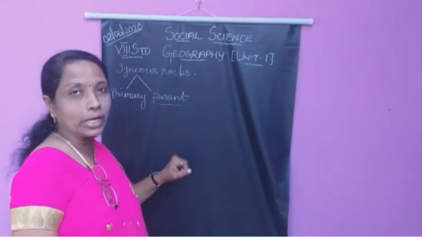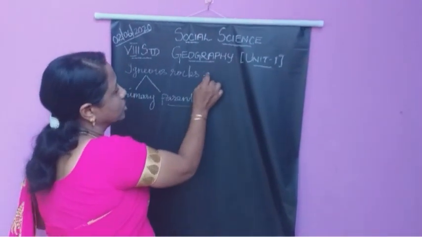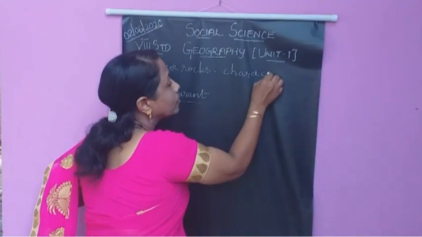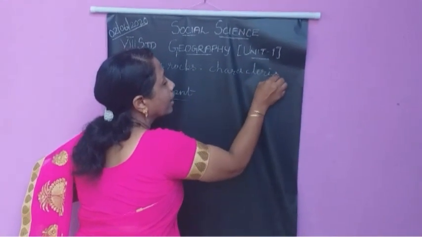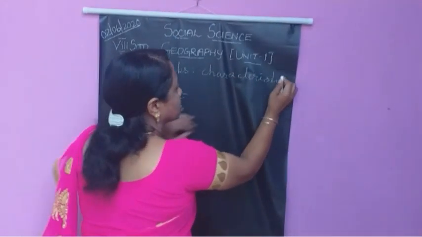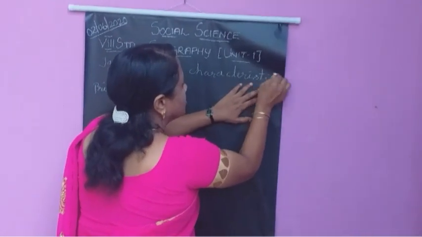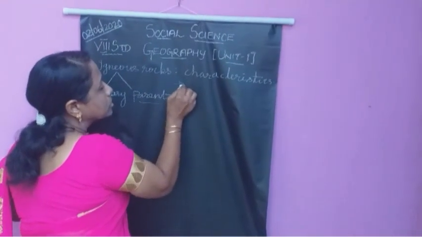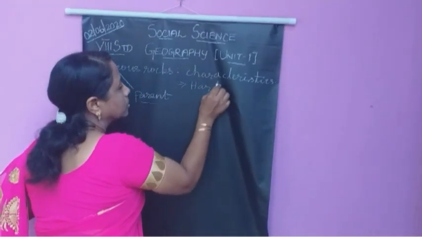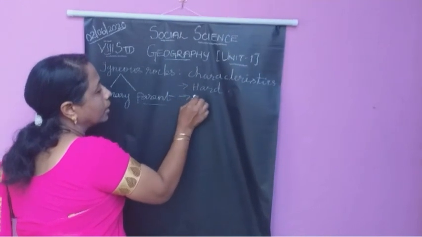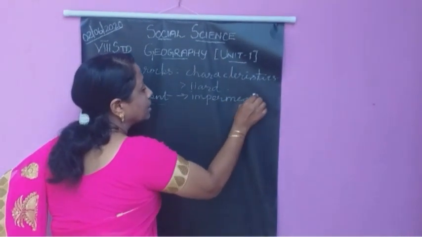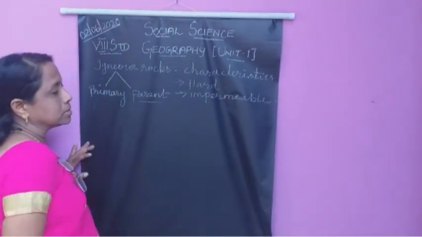Now we will see about the characteristics of igneous rocks. These igneous rocks are hard in nature. Second, impermeable; it does not allow anything to pass.